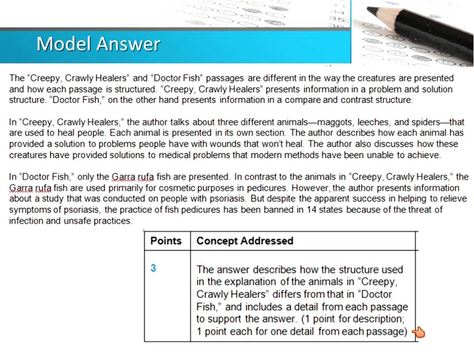As long as they did that, that's still going to be 3 points out of 3 points possible, and they still could achieve that model answer, okay? So remember that this is not the exact correct answer. There are multiple answers that could be awarded, or that could work for this, okay?